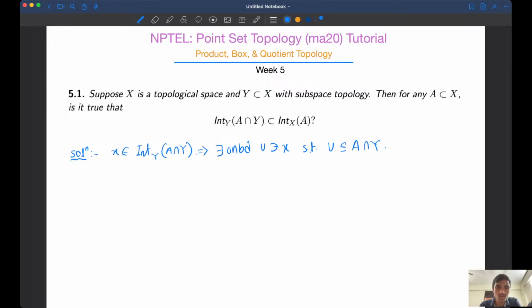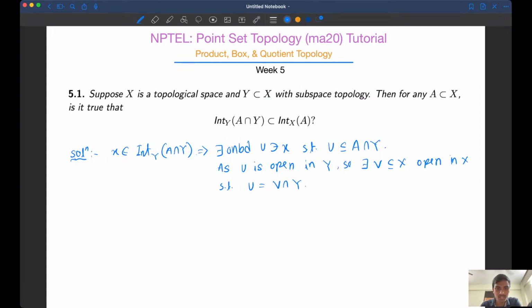But this open U is inside the subspace topology of Y, right? Because this interior is in the sense of the subspace topology of Y, U is open in Y. So by the subspace topology definition, there exists some bigger set, say V, V a subset of X open in X, such that I can write U as V intersection Y. That's exactly what openness inside Y means.